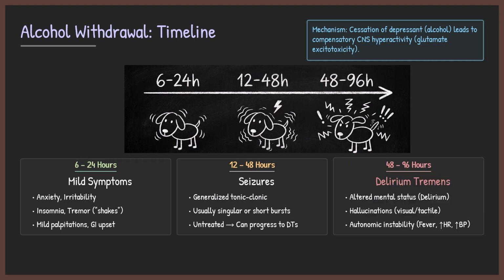In the 48 to 96 hours, you worry about delirium tremens, which is also commonly tested. Now, in delirium tremens, there is altered mental status, there's hallucinations, there's autonomic instability, fever, tachycardia, high blood pressure. Delirium tremens can be deadly. This is why it's so important that we recognize it and treat it right away.